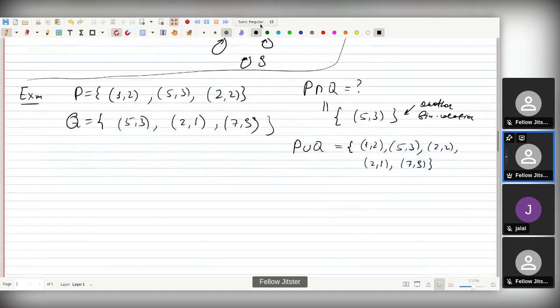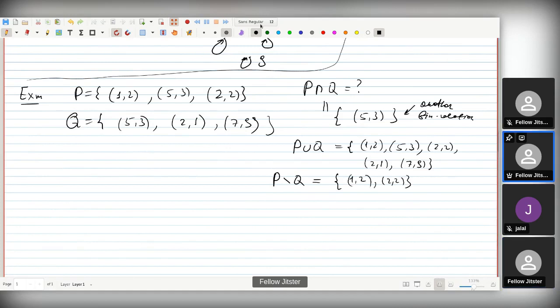Or we can consider the difference, P minus Q. What is it? All elements from P which are absent from Q. (1, 2) and (2, 2).